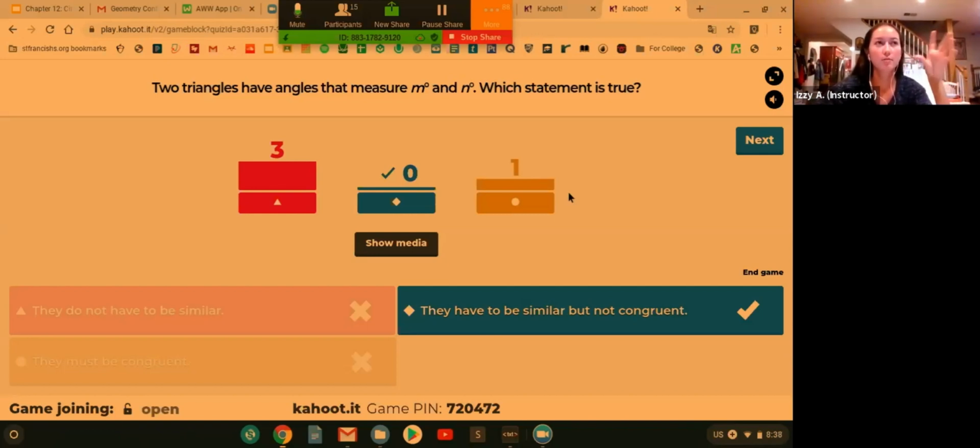So if you have two angles that are measured the same in two different triangles, then that proves that it's similar, but it doesn't prove that it's congruent. They can be congruent, but because they also can't be congruent, this would be the correct answer.